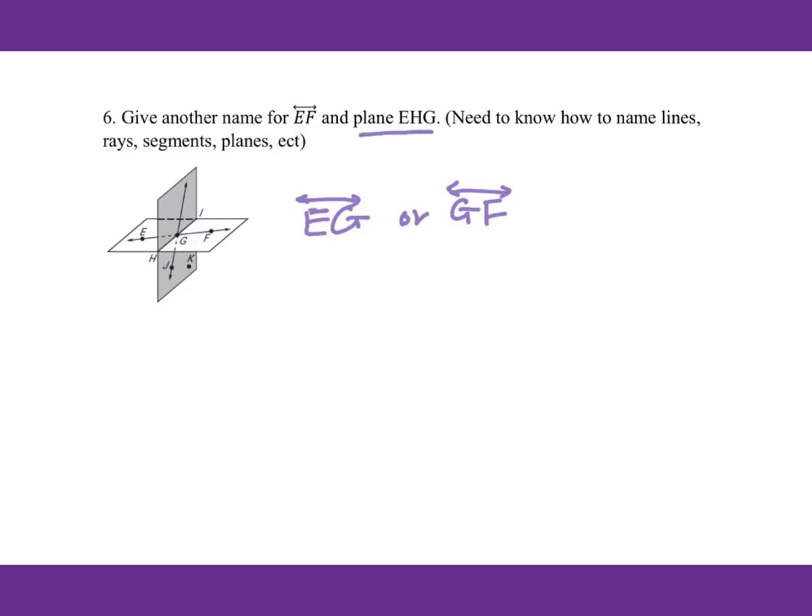For plane EHJ, remember when you want to name a plane, you have to use 3 points on that plane that are not on the same line. Therefore, you could say plane JFH.